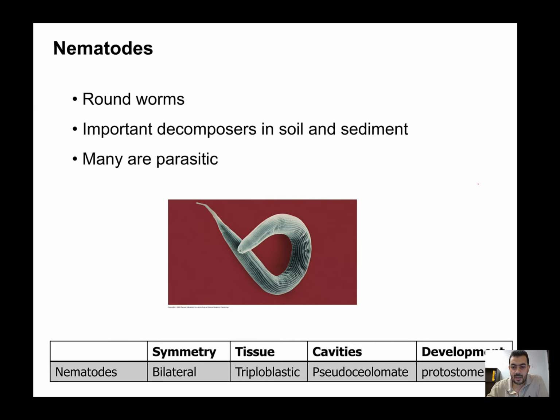But in terms of the cavity, they are pseudocoelomate. To revise this word, it means that the cavity, the coelom, is covered with the mesoderm from the outside and the endoderm from the inside, and they are protostome in terms of development.